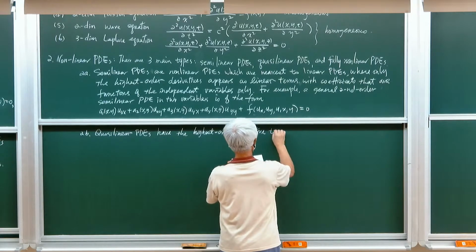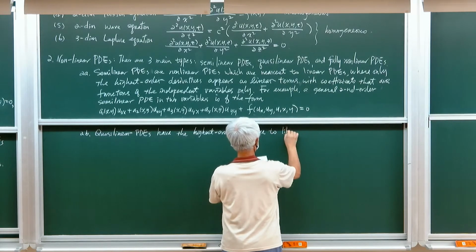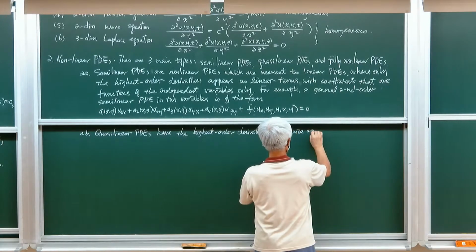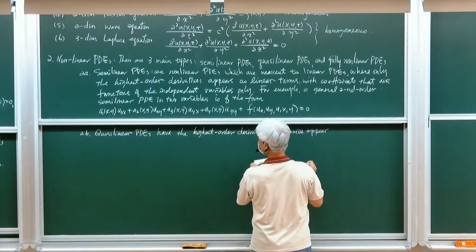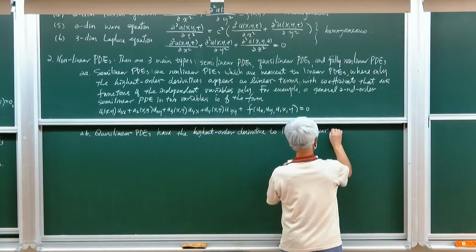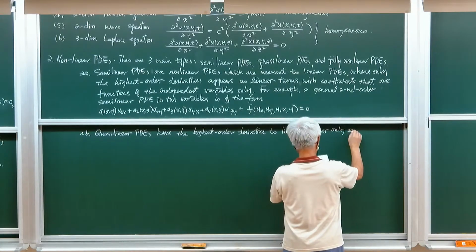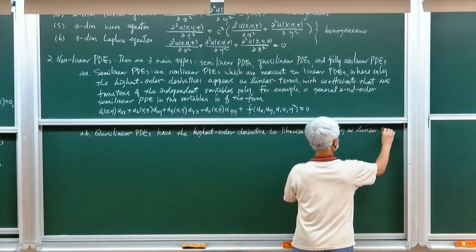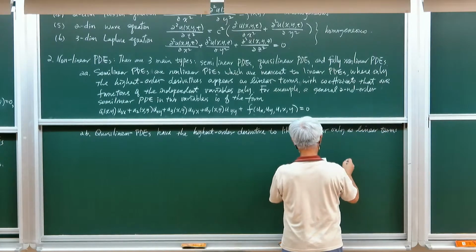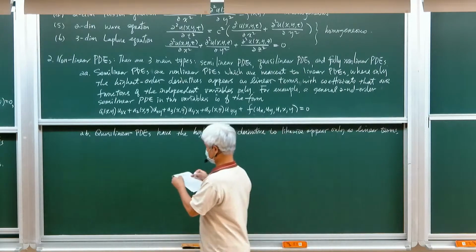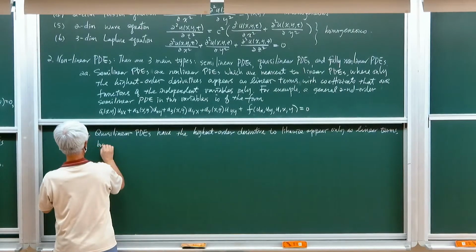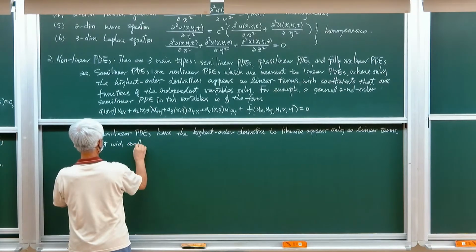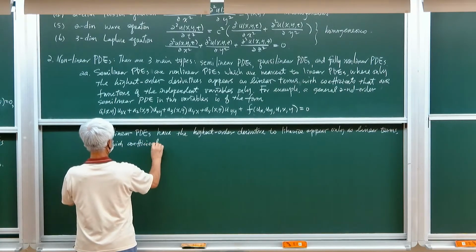To appear, likewise appear only as linear terms. All right? Okay. But with coefficients. So what is the difference?